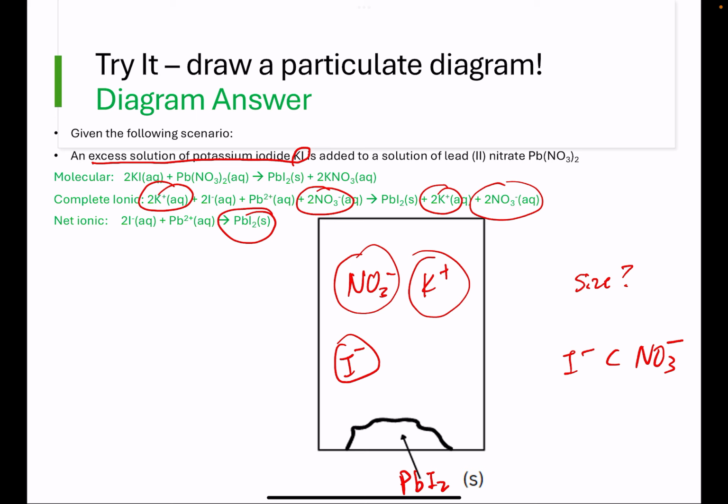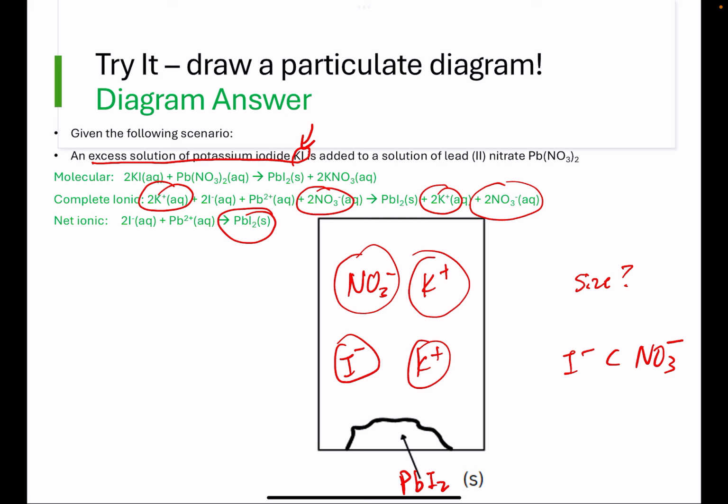But it's an excess amount of KI, so I'm going to add one more K right here. So KI, 2K, 2I.